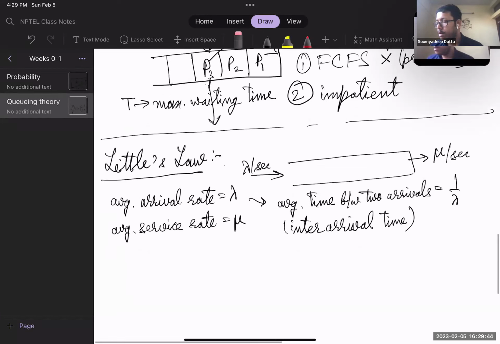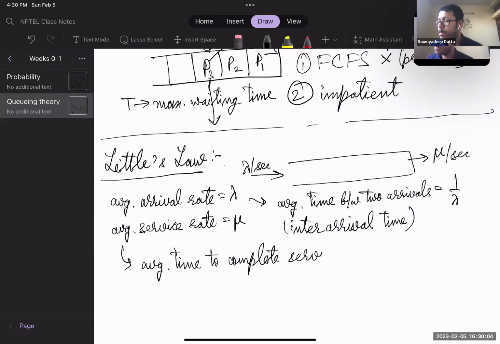And similarly, the average service rate is mu per second, which means the average time to complete service is equal to 1 by mu.